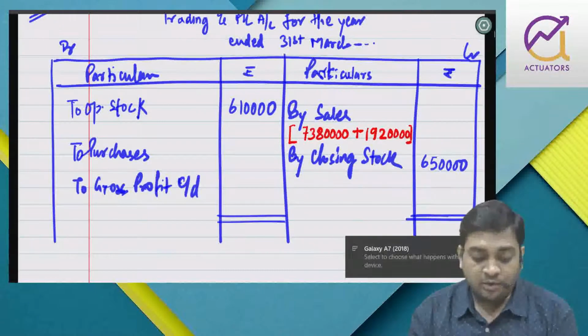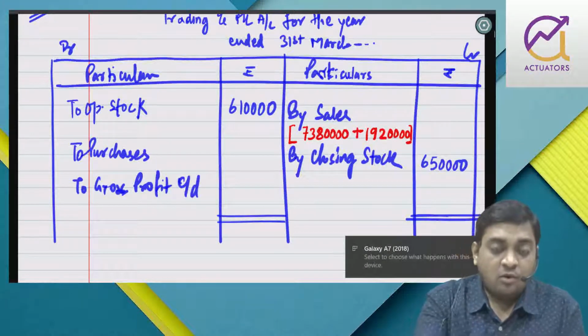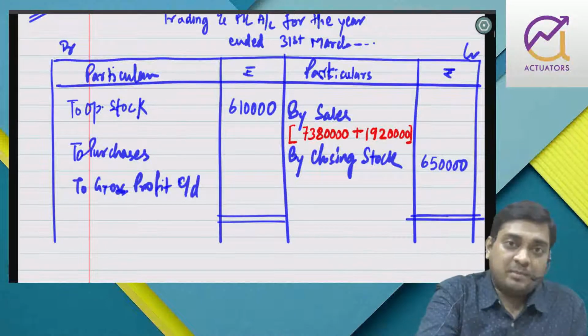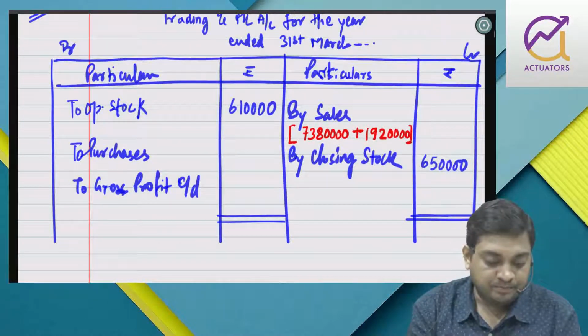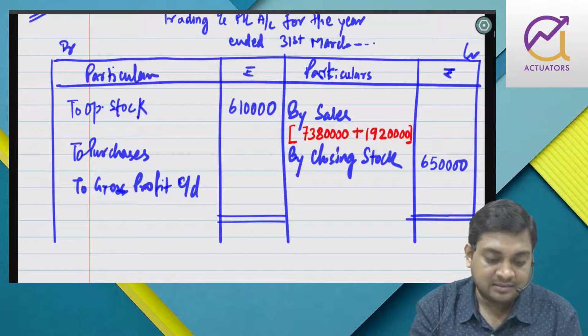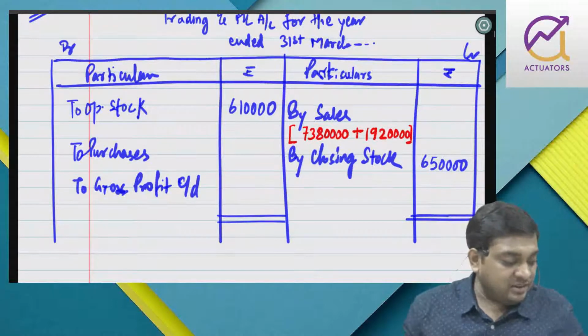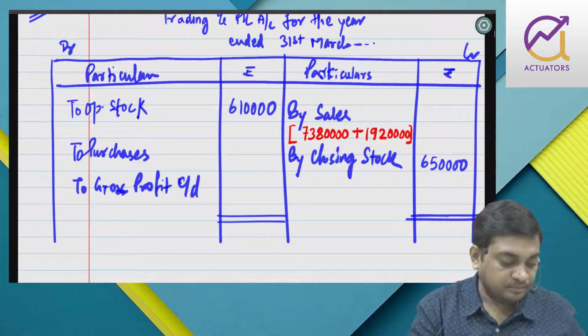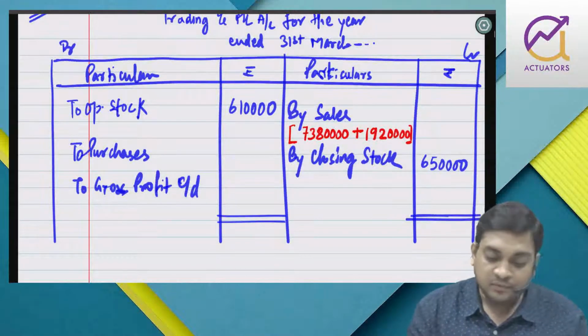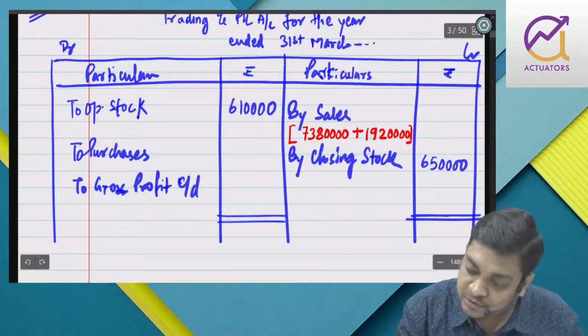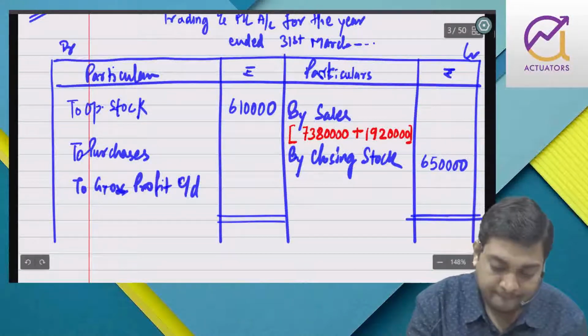Unnecessarily don't try to create confusion, right? Whatever they have told us to prepare, that only we are going to prepare. So it's 73 lakh 80 plus 19 lakh 20. So that comes to 93 lakh, right? So this I am going to get.